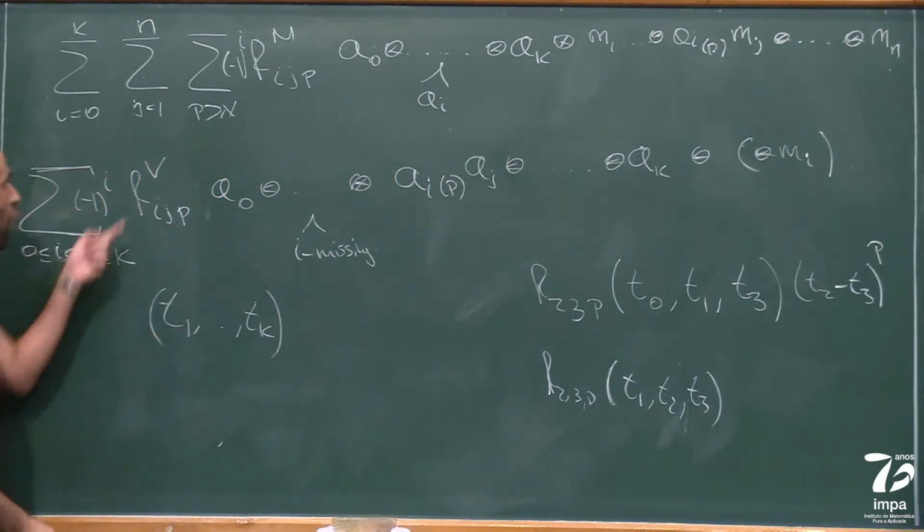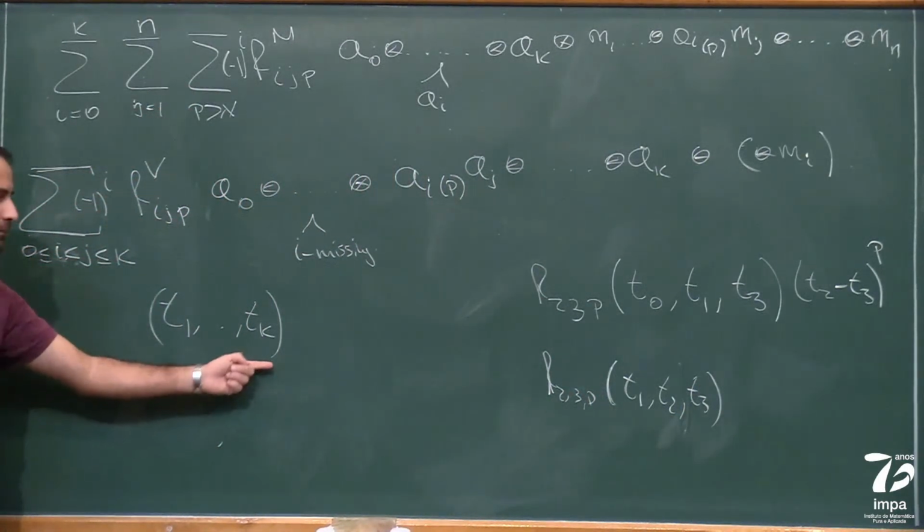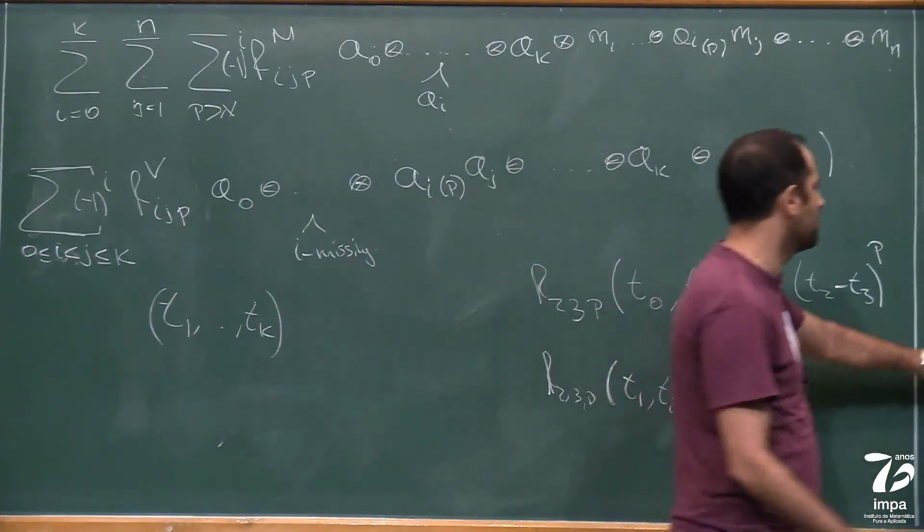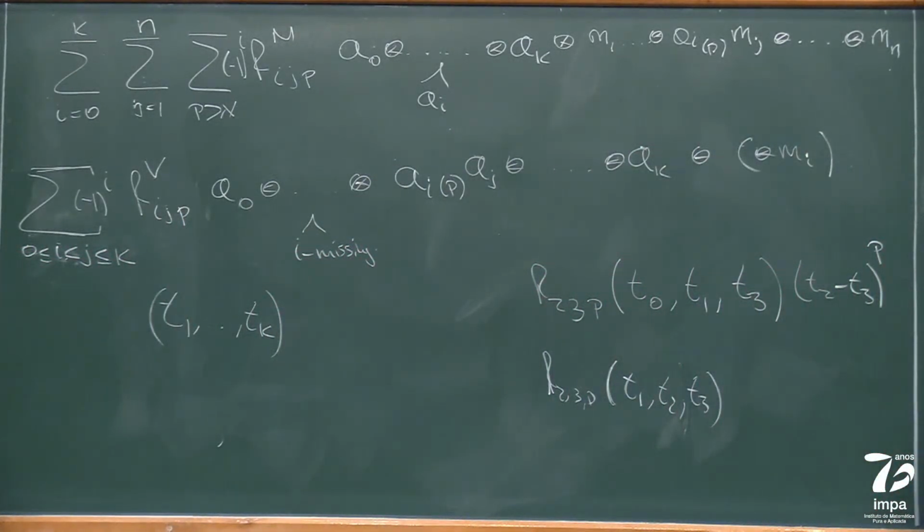Okay, so I evaluate all of these functions at this set of coordinates. Okay, theorem: this thing is a well-defined differential. And I need to tell you in which quotient.